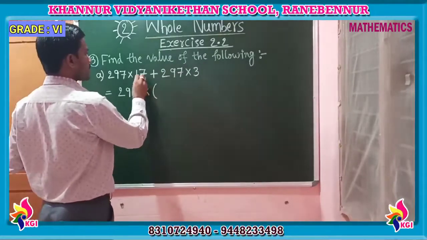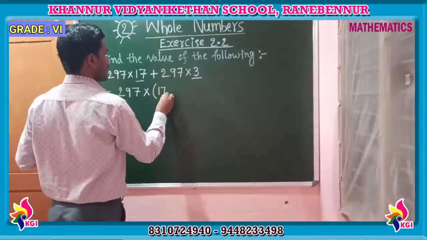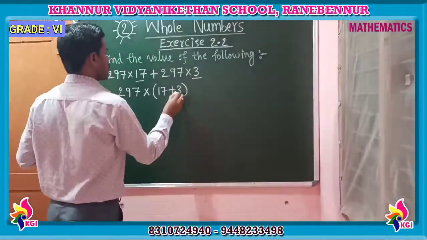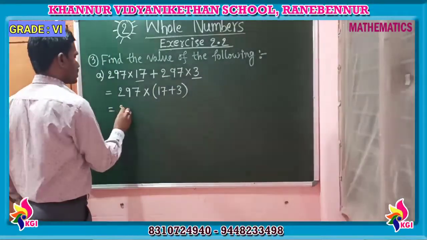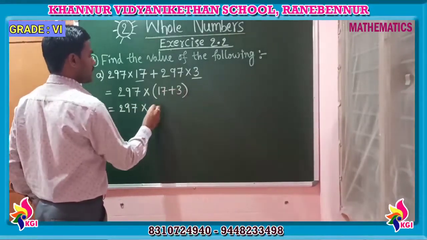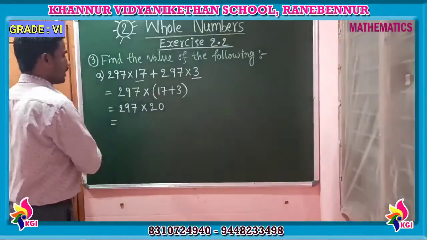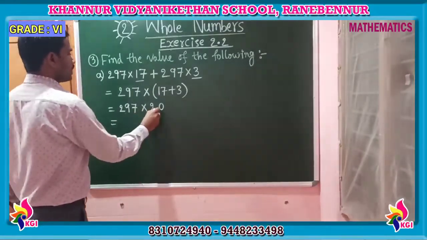Into you take 17 plus 3. So my dear children, in the second step it becomes 297 into 17 plus 3 is 20.